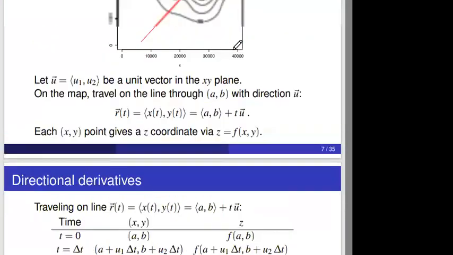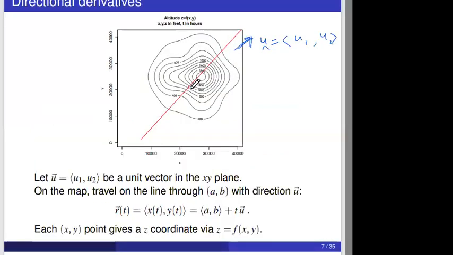So this is t. If you want to find the slope, you have to consider delta t.